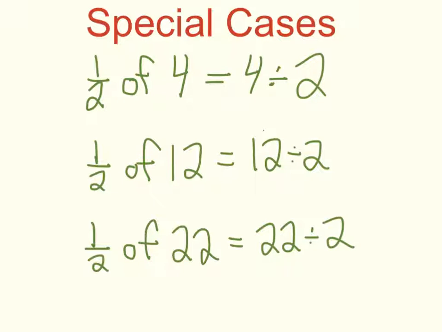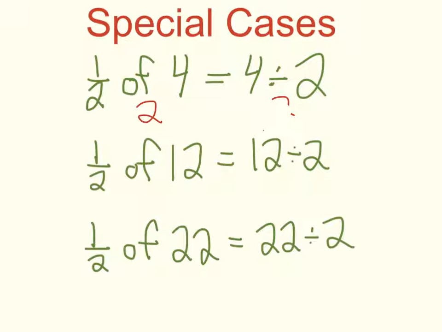If we did the math, we could check that they all work out. 1/2 of 4 is 2, and 4 divided by 2 is 2. 1/2 of 12 is 6, and 12 divided by 2 is 6. 1/2 of 22 is 11, and 22 divided by 2 is 11. So I can see that these patterns work out.